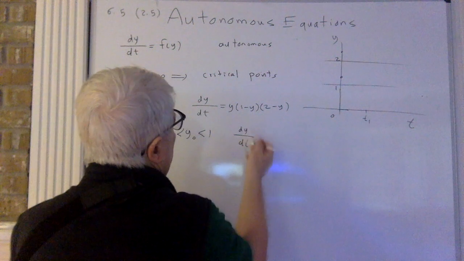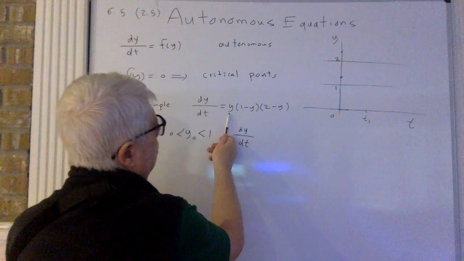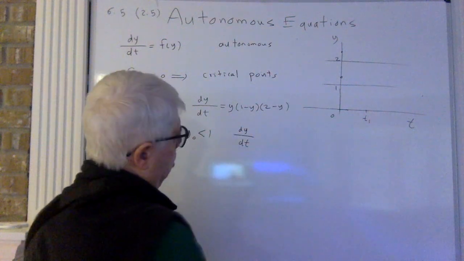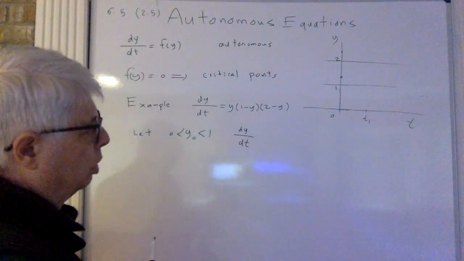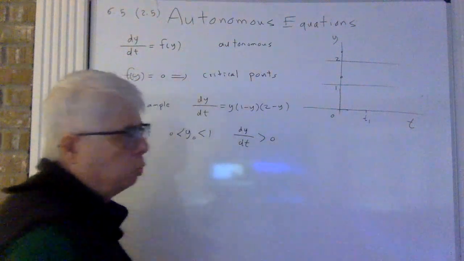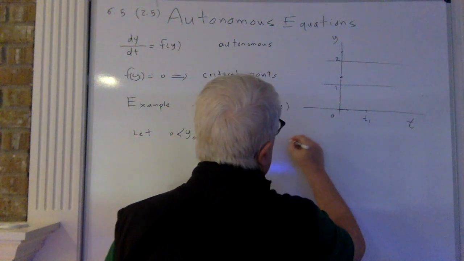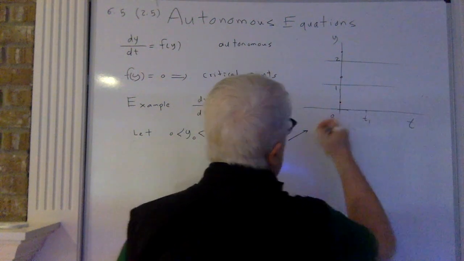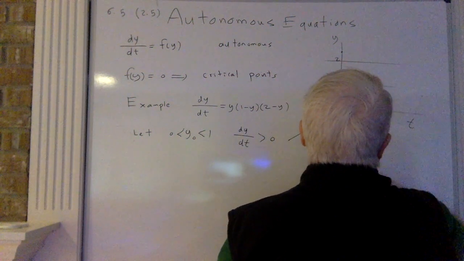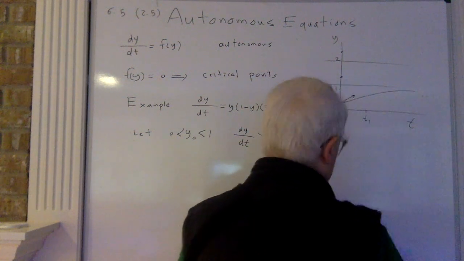If y is between 0 and 1, then this is positive, this is positive, and this is also positive, since it's a number between 0 and 1. Positive, positive, positive, so dy/dt is bigger than 0, which means it starts like this. So the curve is tangent to this and it goes like this.